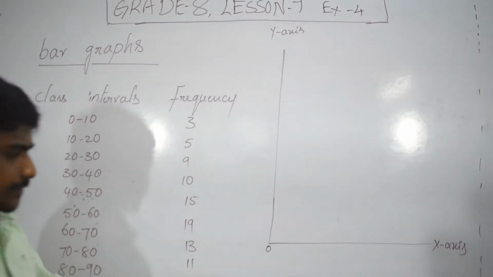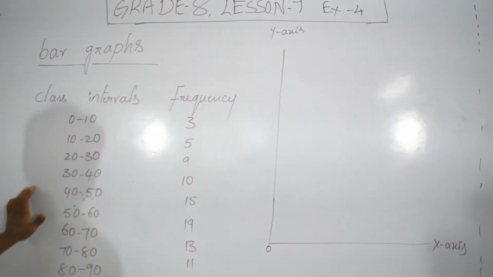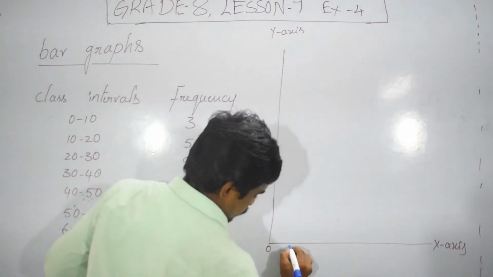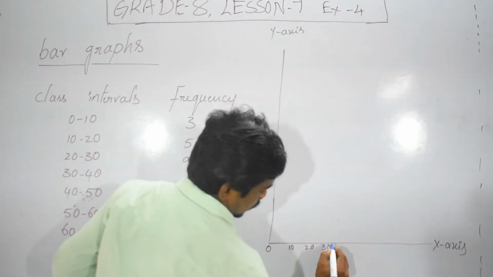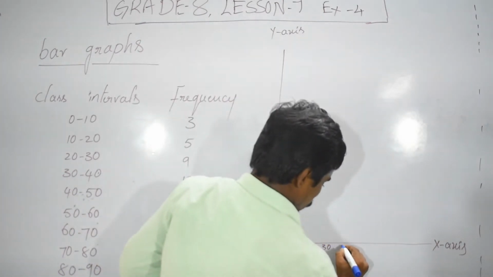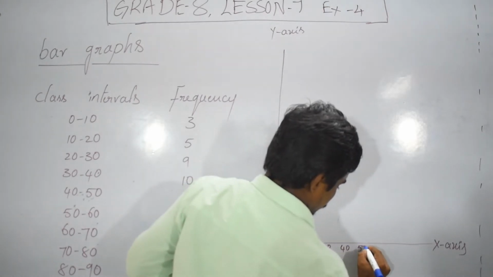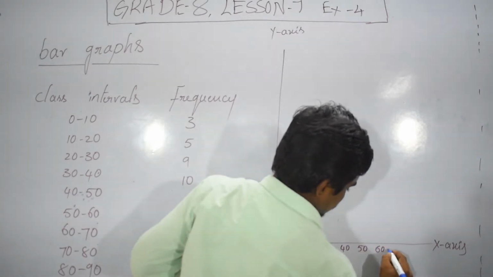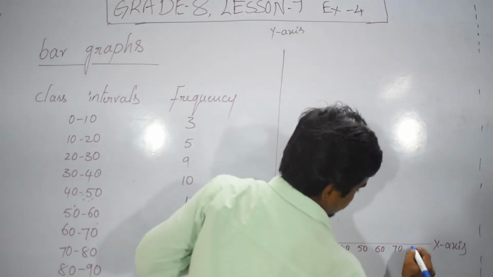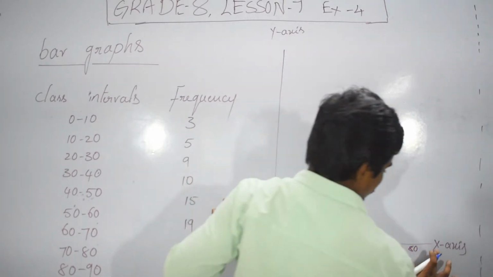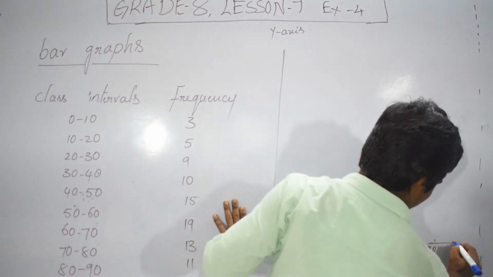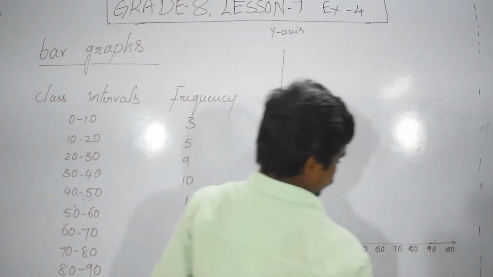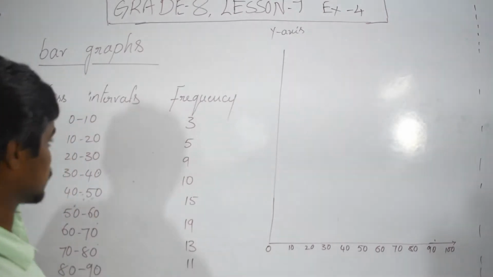Now on the x-axis you take class intervals 10, 20, 30, 40, 50, 60, 70, 80, 90, 100. This is the x-axis.